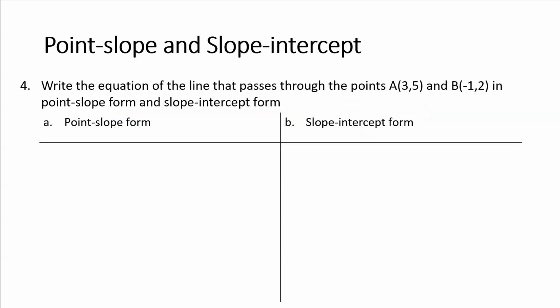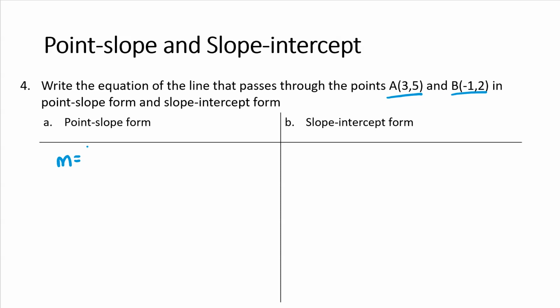Now let's try to go back and forth between our different forms of equations for a line. Here we have a line that passes through point A and B, and we're going to first write the equation of that line in point-slope form. Then we're going to take that and write it in slope-intercept form. So first step would be to determine the slope, which is y2 minus y1 over x2 minus x1.